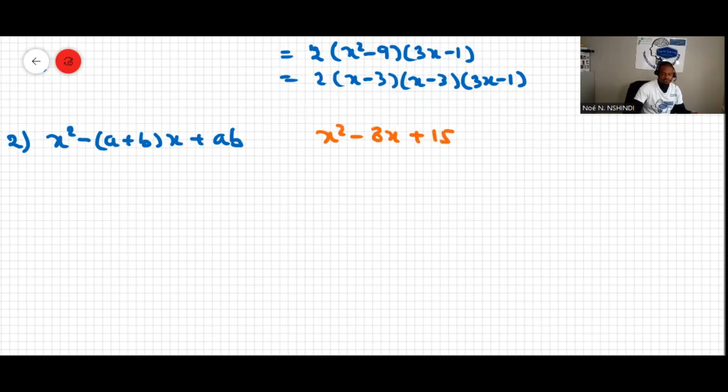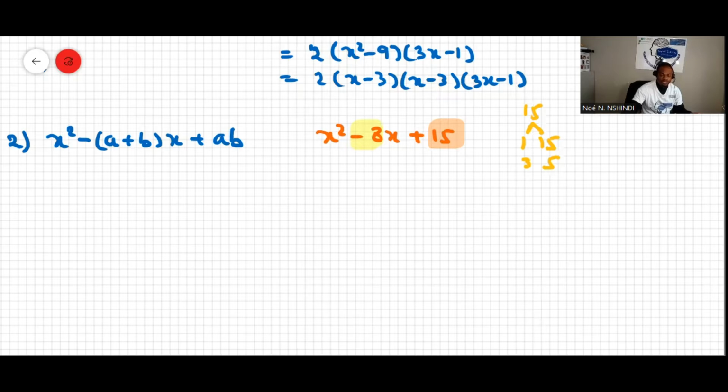What we do is look at the last term, 15, and list all the factors of 15. They are 1 and 15, 3 and 5. Then we ask which pair makes a sum equal to the coefficient of the middle term, -8. You see that it's 3 and 5.